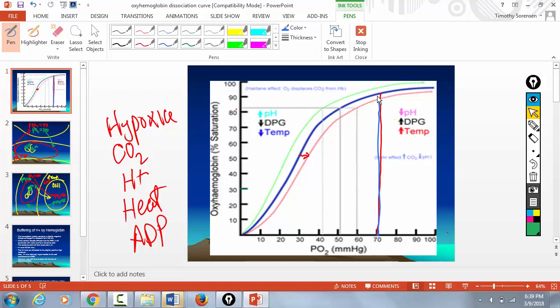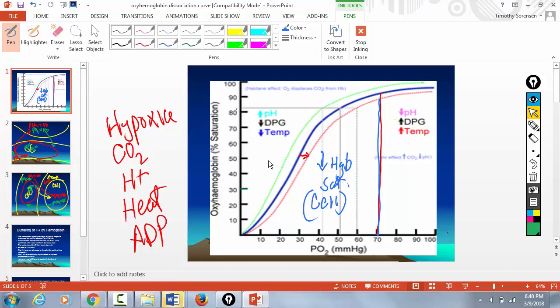So what this means is when you get a right shift in the oxyhemoglobin dissociation curve, for any given PO2 you have a lower hemoglobin saturation, and oxygen will let go when it gets to the cell. The problem is that it won't bind in the lungs, because when you shift the curve to the right, you have conditions all over the body that are normally present only at the level of the cell.